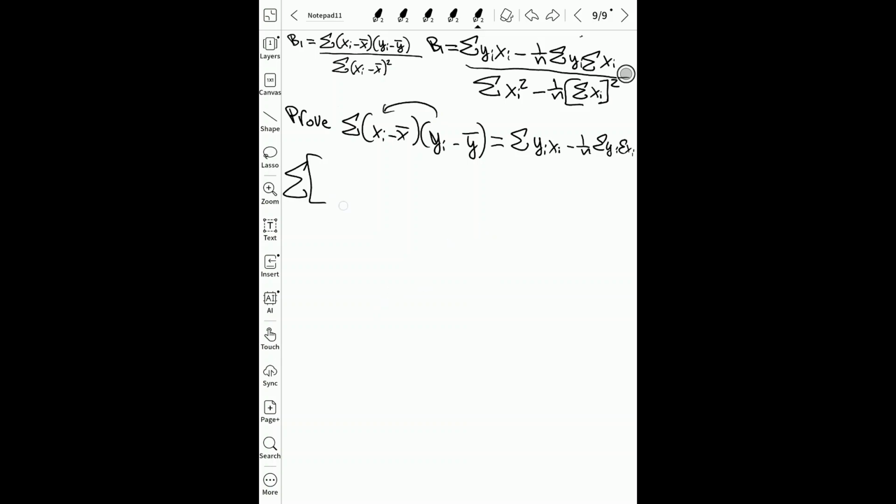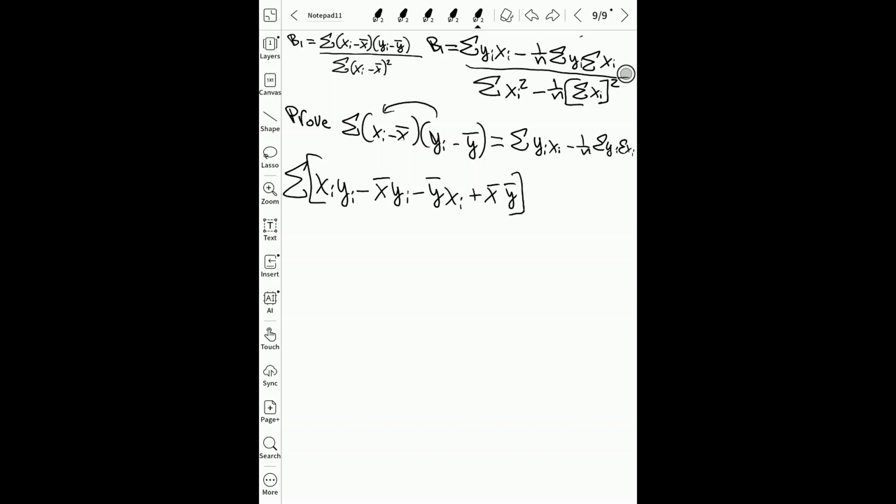So I get xi multiplied by yi minus x bar yi minus y bar xi plus x bar y bar, right? All I've done to get that is just do the FOIL, distribute from these terms. And we still got the sum to worry about, so I'm going to go ahead and include the sum there.